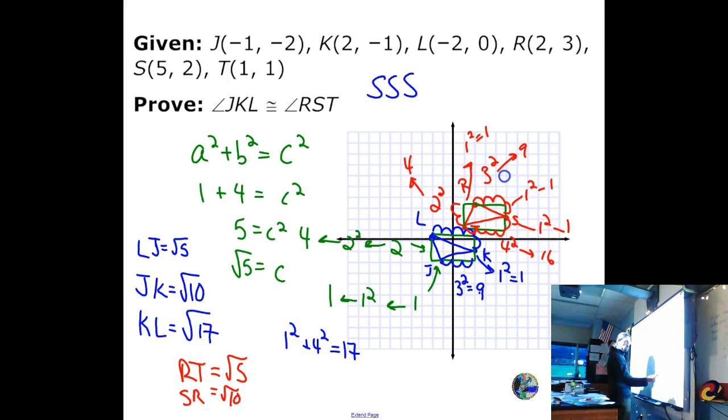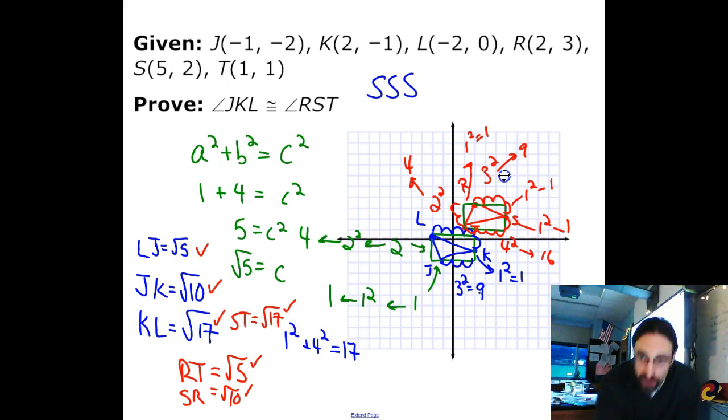And from S to T, that is the square root of 17. Now I have shown, by side, side, side, that those two triangles are congruent. This is a lengthy problem. I recognize that. It takes a little bit of time, but that is the process.